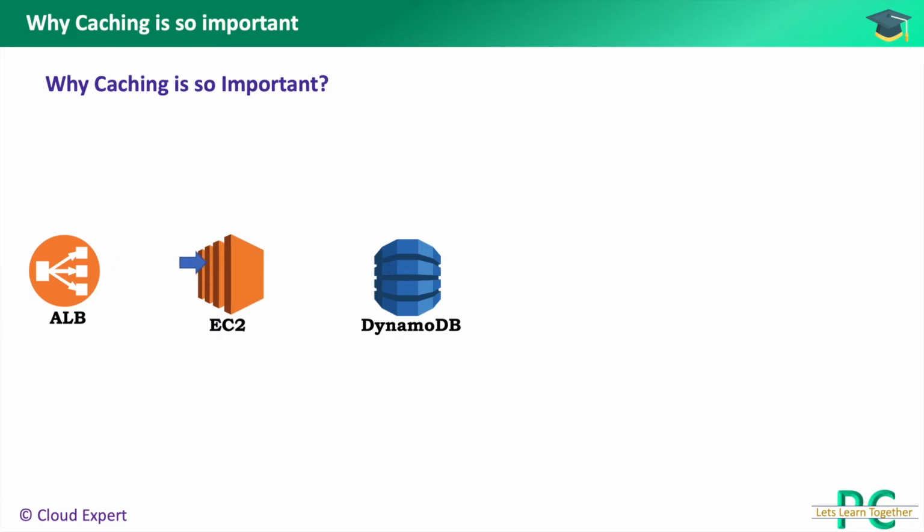So let's say your application load balancer is sending the traffic to the EC2 instance, and the EC2 instance is sending the traffic to the DynamoDB table. The DynamoDB table processes that request and sends the data back to the EC2 instance, and then the application inside the EC2 instance sends the data back to the user via the application load balancer.